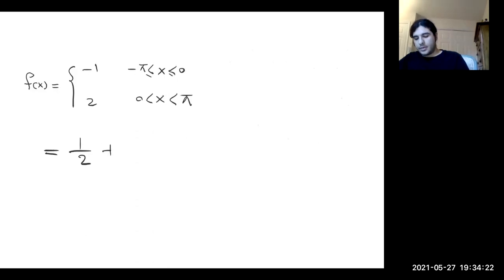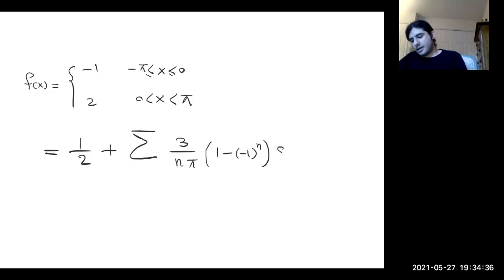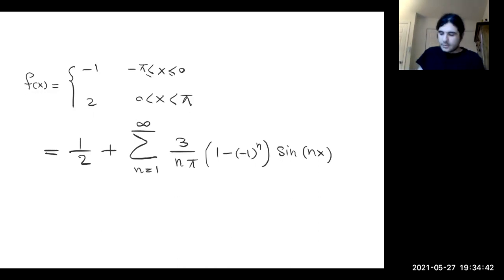You would get sigma bn, where bn is equal to 3 over n pi, 1 minus minus 1 to the n, times sine of nx. N goes from 1 to infinity. So that would be the Fourier series for this function.